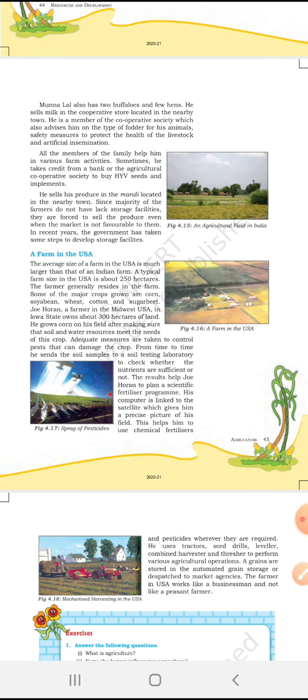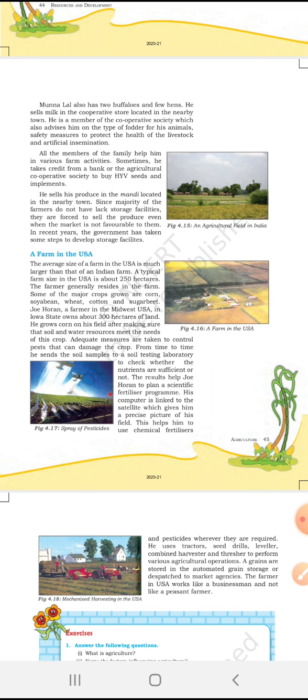The inputs in agriculture are seeds, fertilizers, machinery, labor, etc. And the operations involved are, first of all plowing, then sowing, then irrigation, weeding and harvesting. As outputs of the farming activity, a farmer gets crops, wool, dairy products and poultry products.